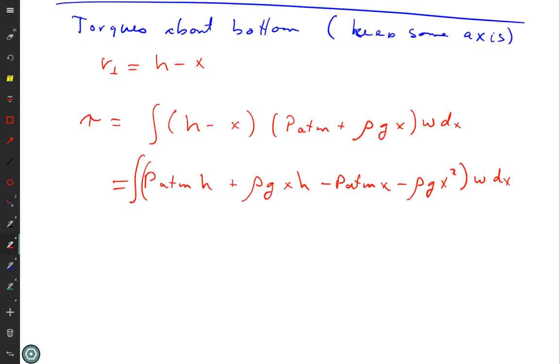So now I have to integrate these. There are 2 of them that are linear in x, one that's squared in x. So what I'm going to get is, and actually I'm still going from 0 to h. I'll still integrate from the top to the bottom.